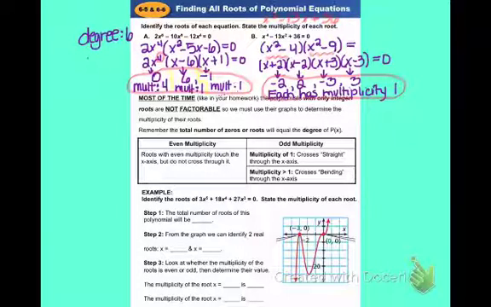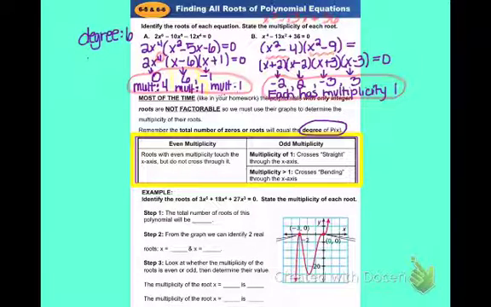And so we must use their graphs instead to determine the multiplicity of roots. So this little table gives a summary of how we can tell from a graph what the multiplicity of each of the roots must be. And of course you want to keep in mind that the total number of zeros or roots will always equal the degree of the polynomial.